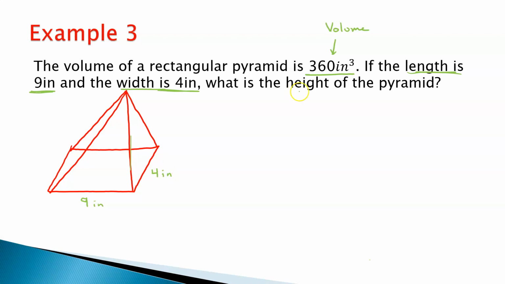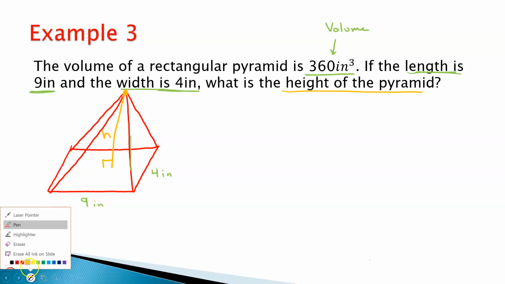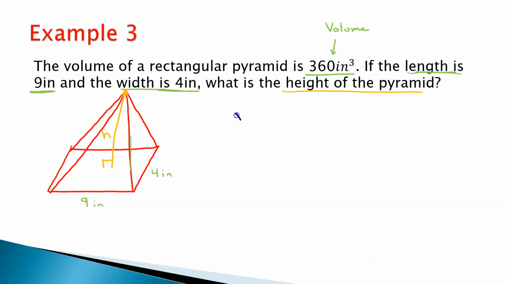They're asking us to figure out the height of this pyramid, from the very tippity top of the pyramid down to the center. That's the H. We're going to use our formula, plug in everything that we know, and hopefully work our way backwards to find the actual height. So, volume of a pyramid.